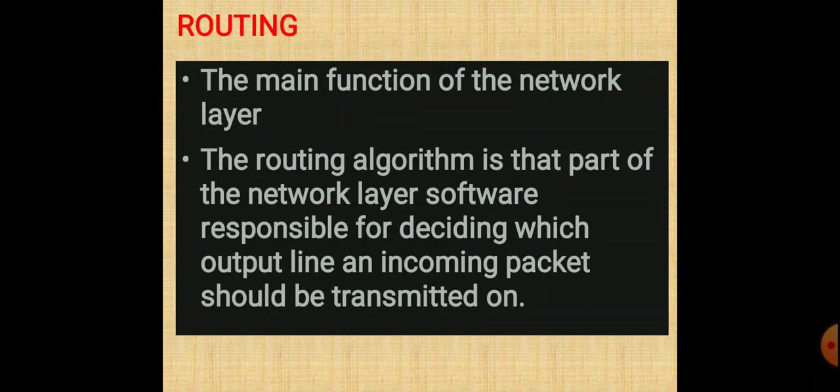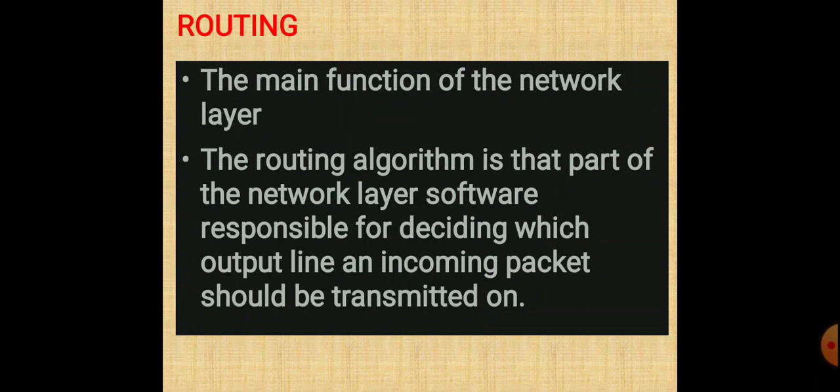In our universe, the entire data is transmitted through a group of routers, which we call a subnet. With the help of this subnet, we transmit our data from one geographical location to another.